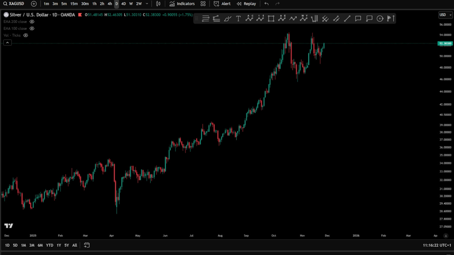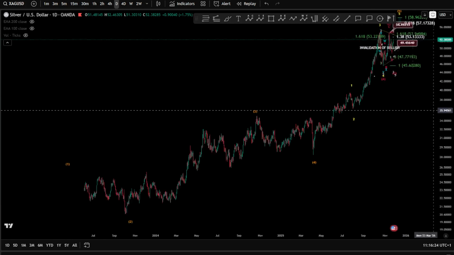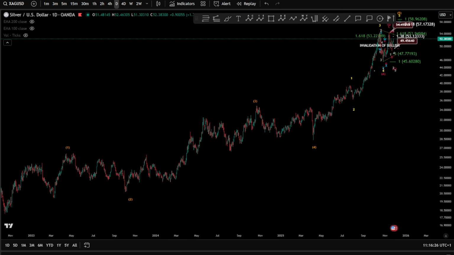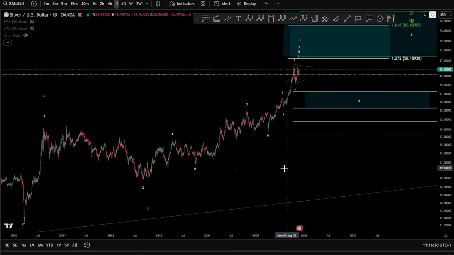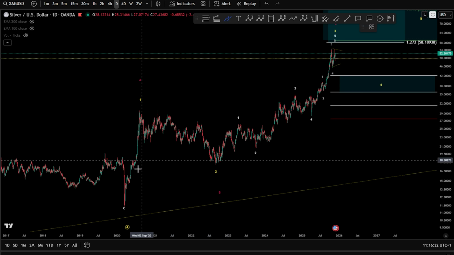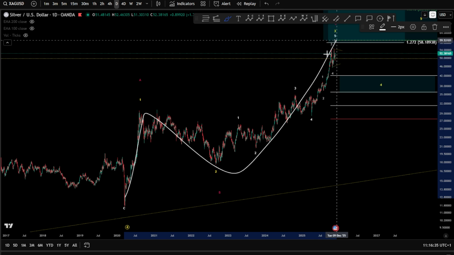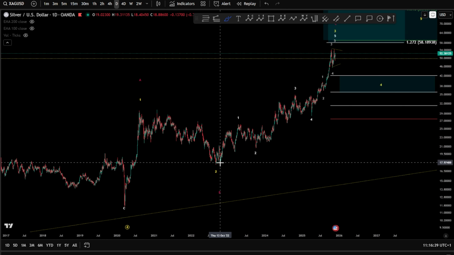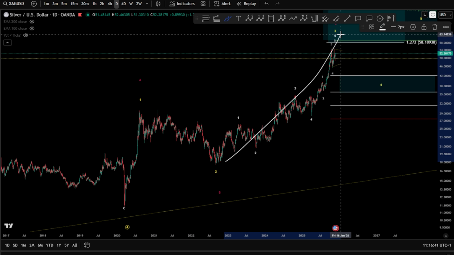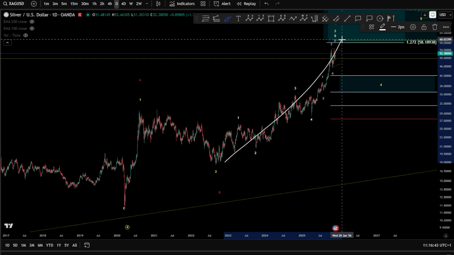Let's move to the silver here. For the silver as well, and starting with the all-time history or the daily here, you are very likely in possibilities where whether you are in ABC or in a 1 2 3 4 and a 5. Both case scenarios require, of course, an impulse, wave C or a wave 3.